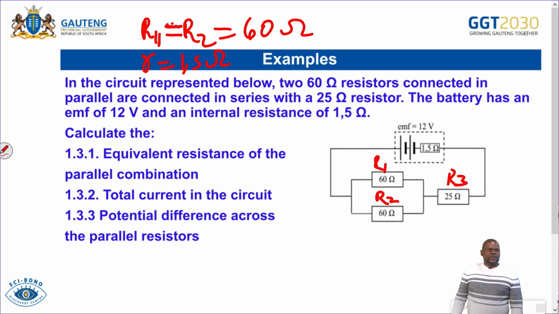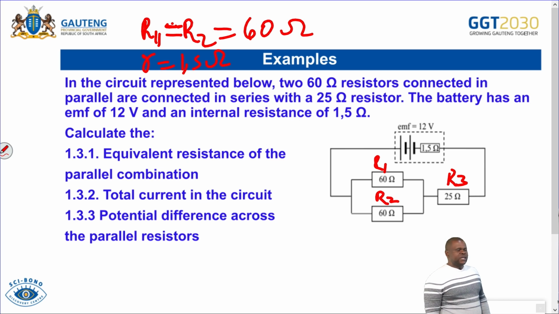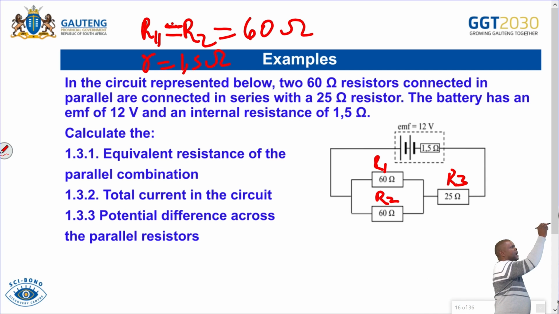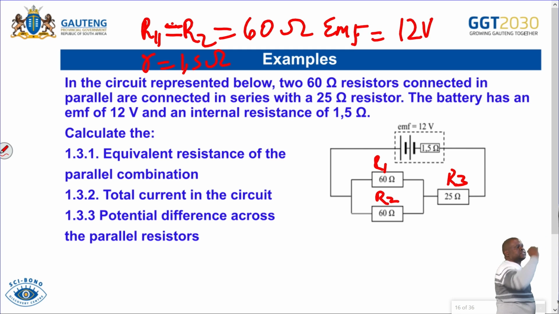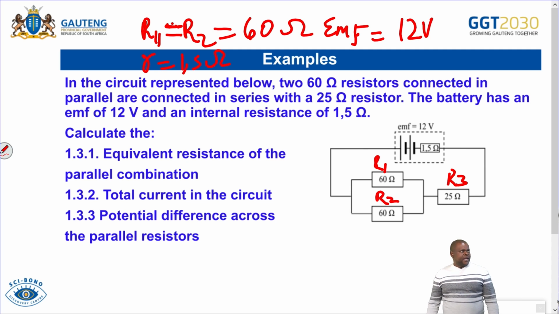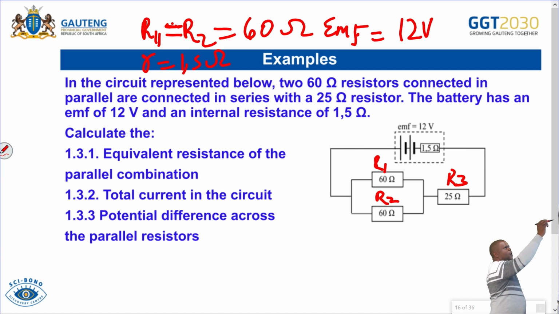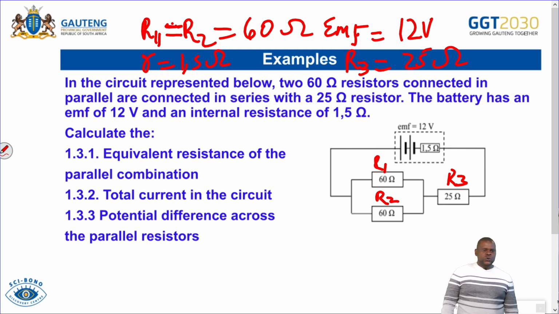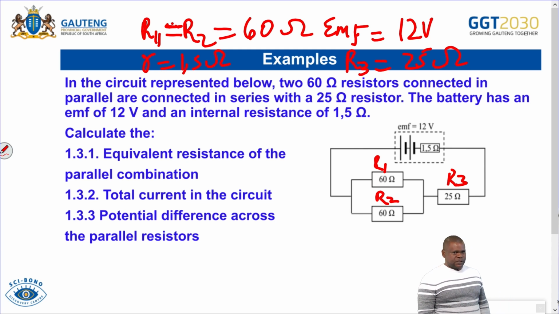Are we together? Yes. What else are we given? The EMF is said to be 12 volts. And R3 is equal to 25 ohms.